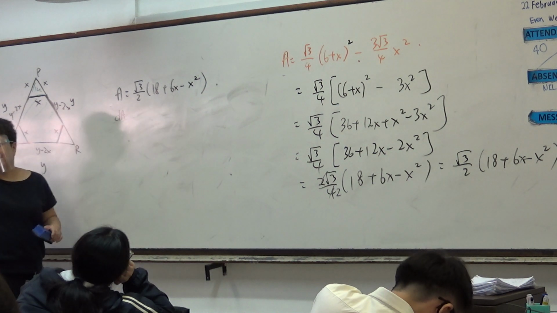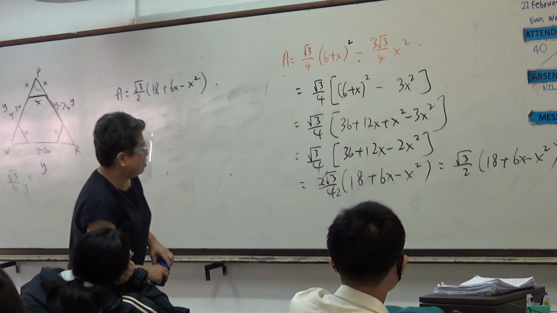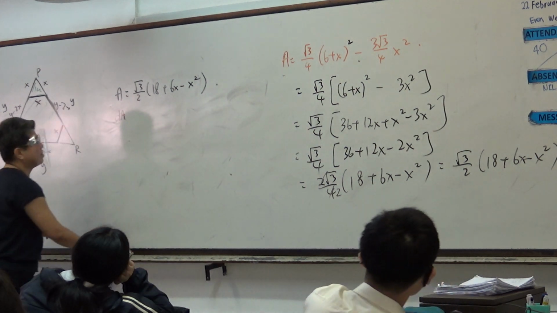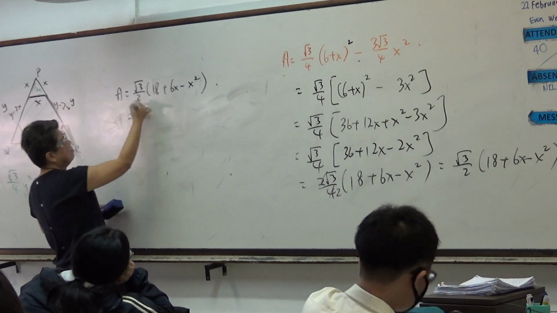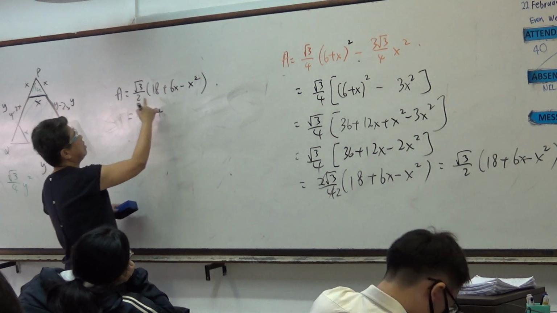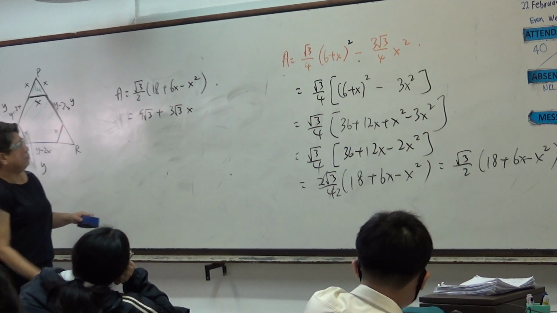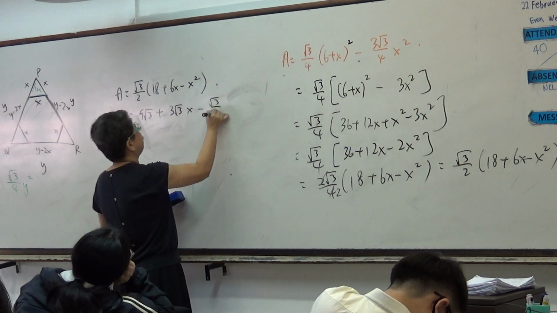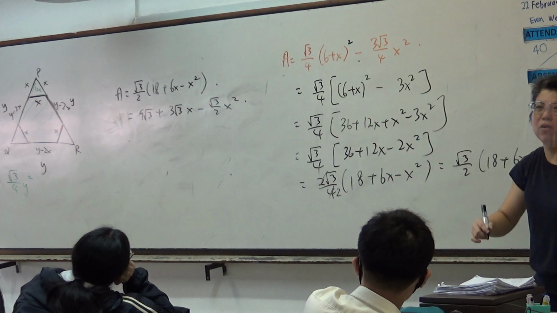Can I note the A first? I multiply in first. 9 root 3 plus 3 root 3x, right? Minus root 3 over 2 x squared, right? Correct. I do like that easier because I'm very scared I forget.